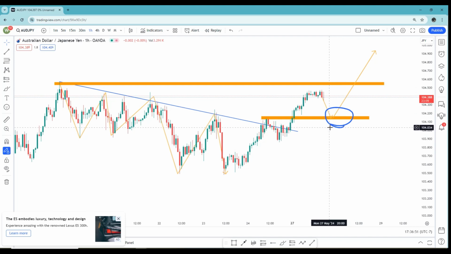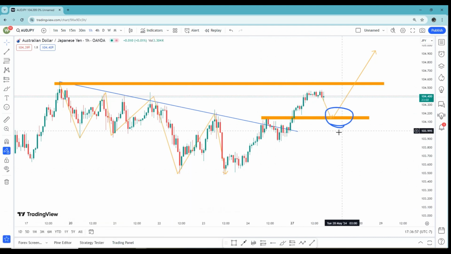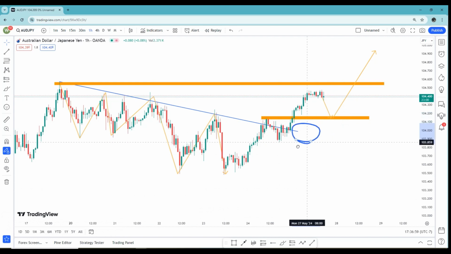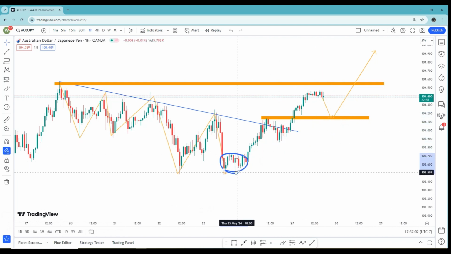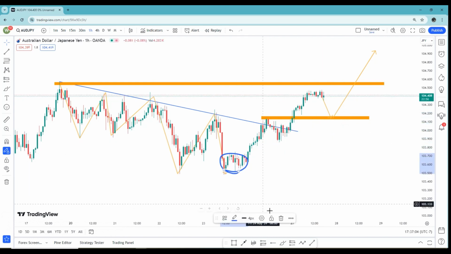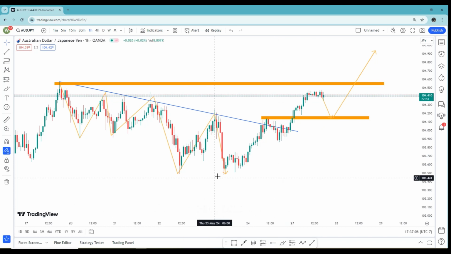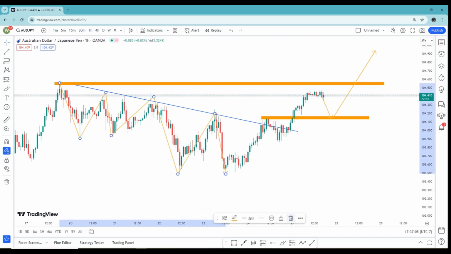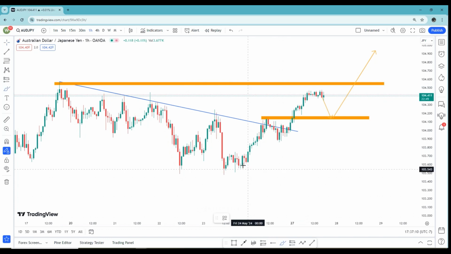You already have somewhere where you can put your stop loss. So the confirmations might be something like this. If we look at this point here, we're going to get confirmations on the lower time frame.